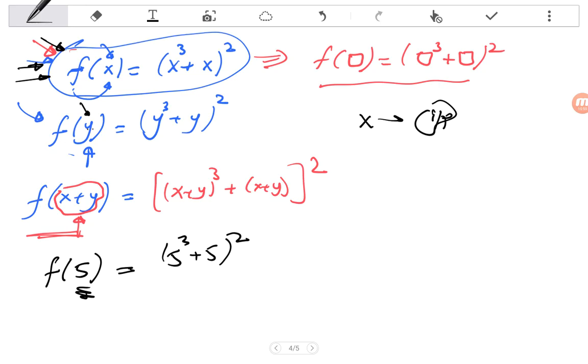If I want f of y, I just replace x by y. If I want to determine f of x plus y, I just replace x by x plus y, and so on.